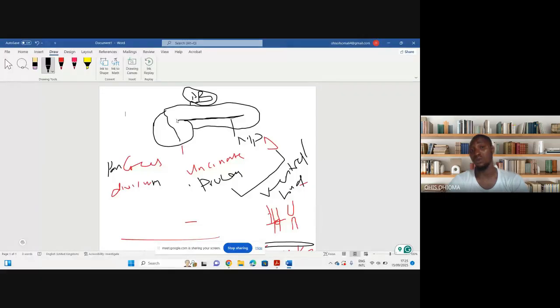The main pancreatic duct and accessory duct are supposed to meet together and form the common pancreatic duct. But because they don't join together, there's a separation. Hence, the patient's accessory duct will be draining into the duodenum separately from the main pancreatic duct. Now, here's the problem.